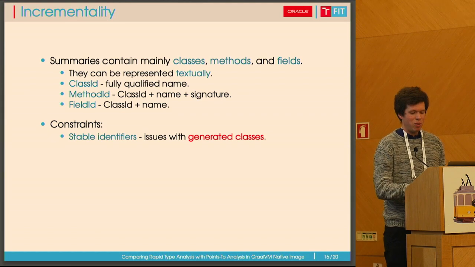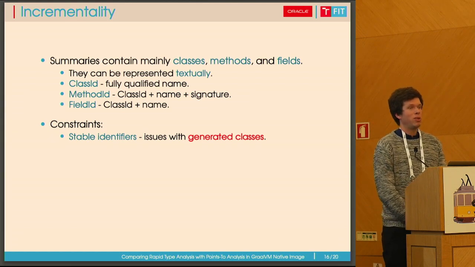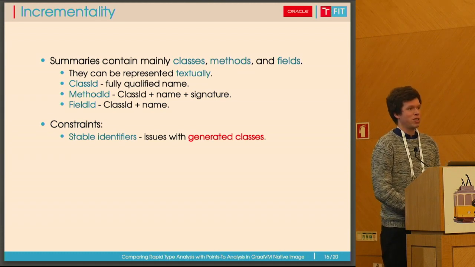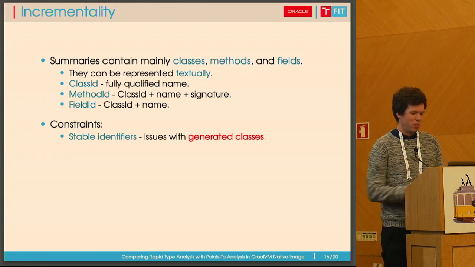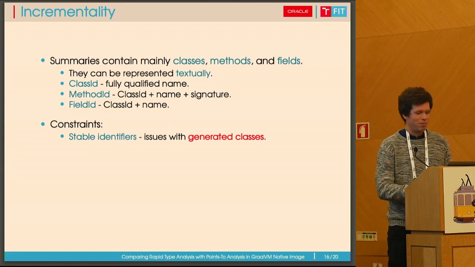Unfortunately, there are some constraints that have to be considered. First of all, not all method names are stable in Java, especially the generated classes that are created for lambdas, for example, are unstable. Their name changes from one compilation to another, which poses a problem. And lambdas are not the only example of this behavior.